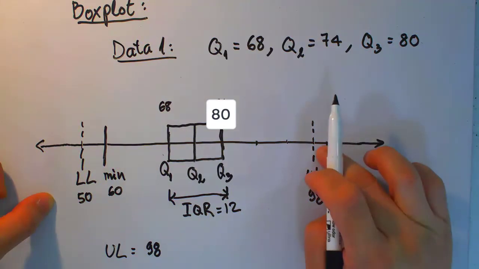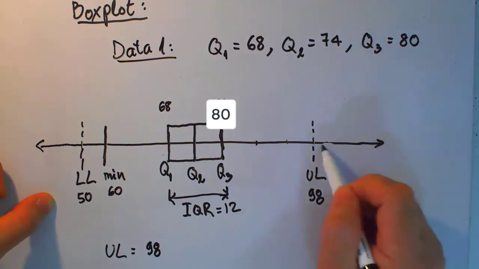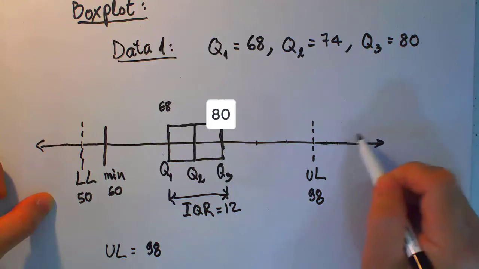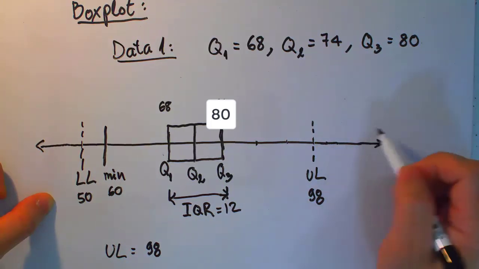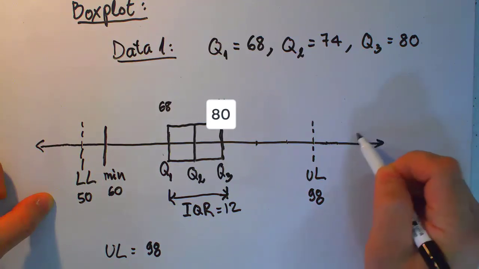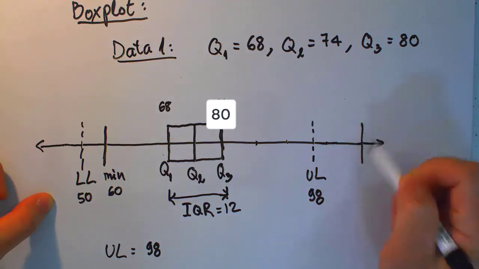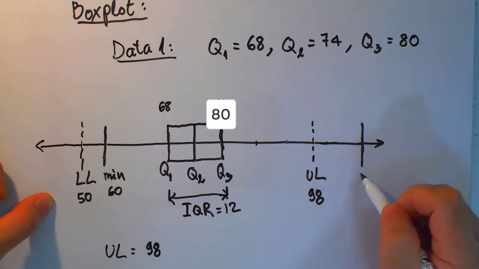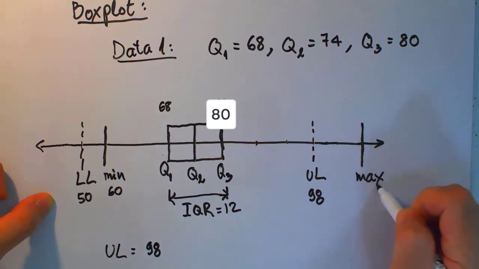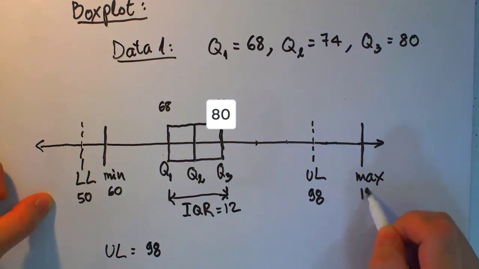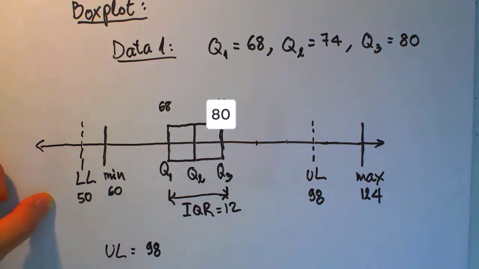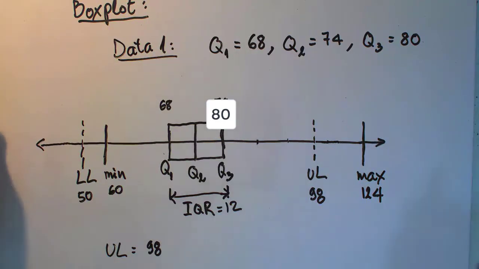But the maximum is outside of the limits, and here we can start going a little loosely. We can draw the maximum kind of out here. Okay, another solid line, maximum value being 124.